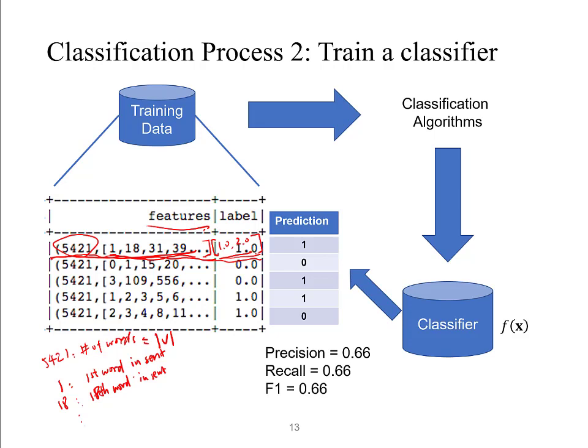If we don't fit and just call transform on this testing data, then the features would be different. It might be totally different. Even for the same sentence, it could become, I'm just writing some numbers here, totally different feature vectors.